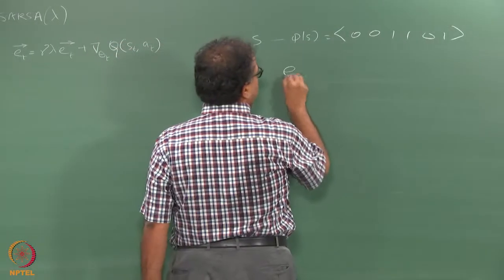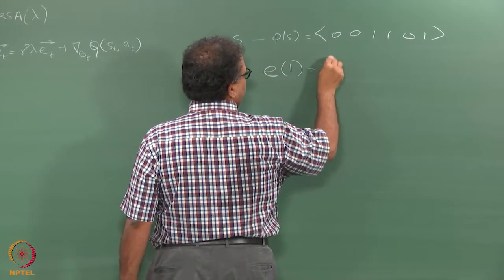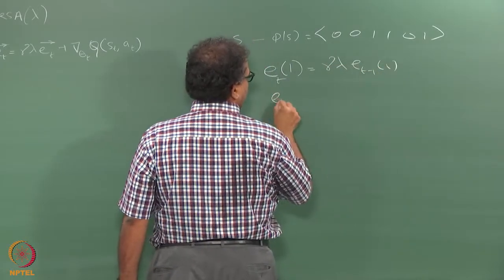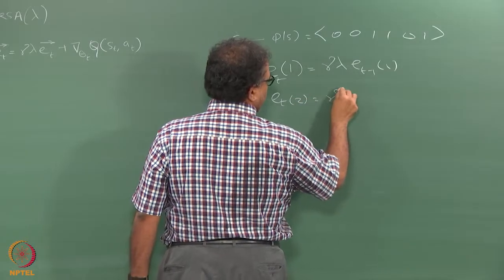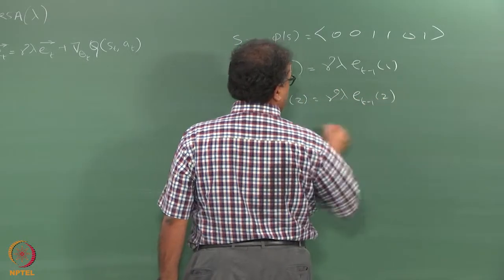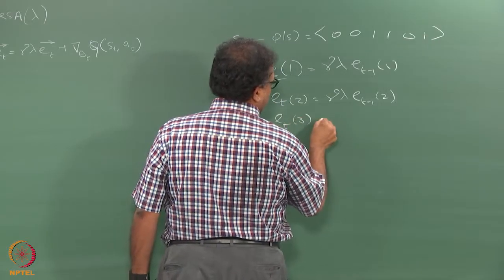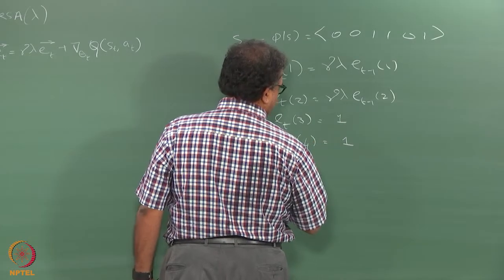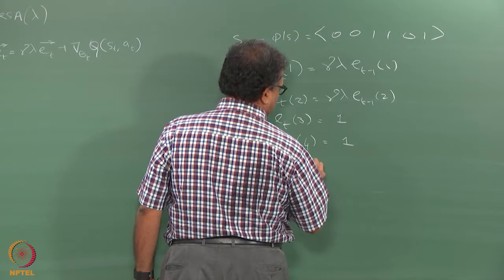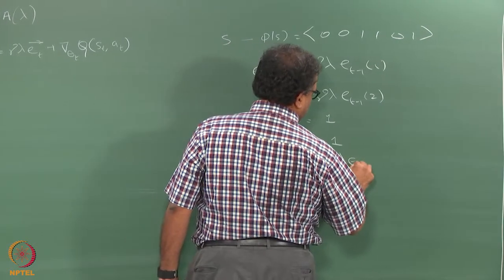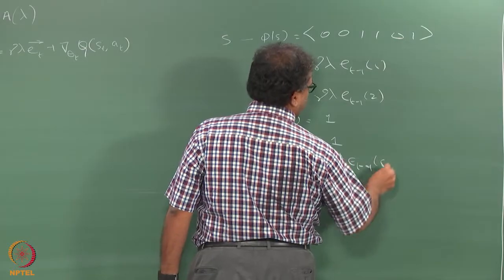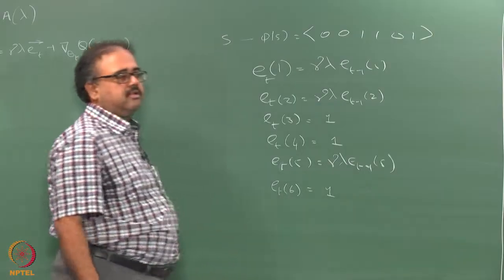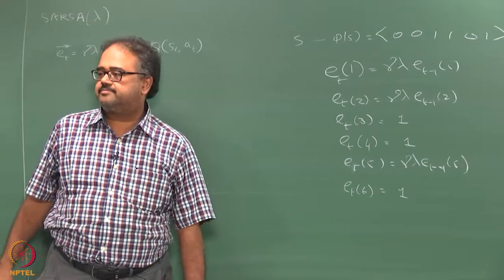So, now what will happen is my E of 1 will be this, for replacing traces.